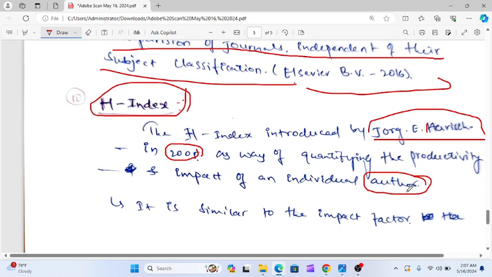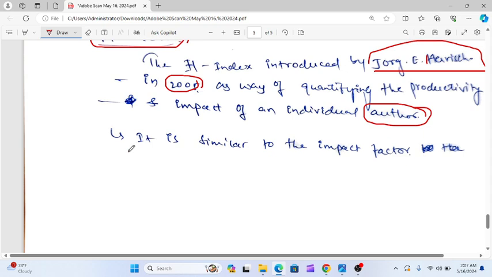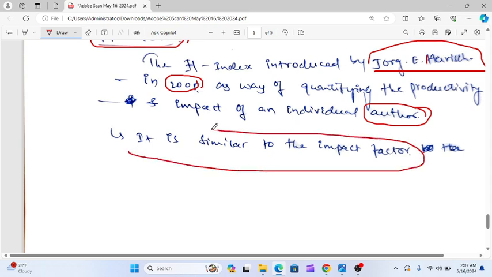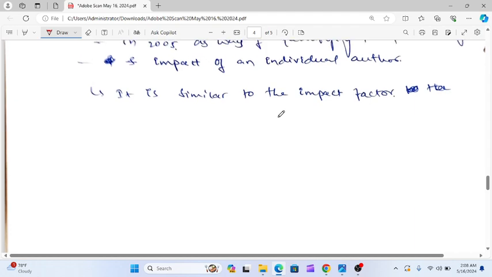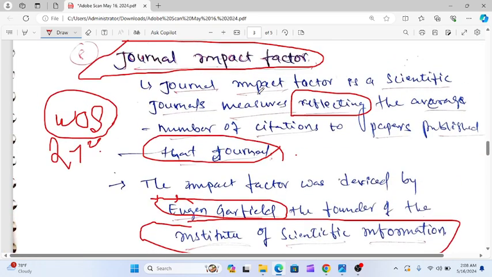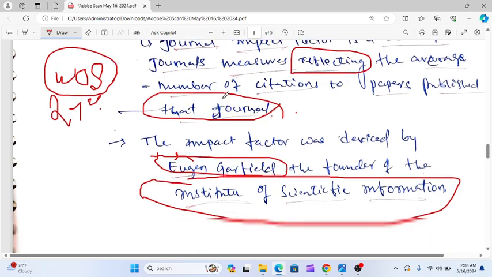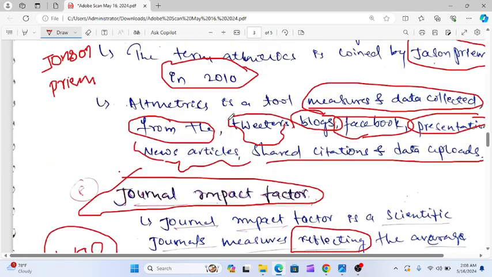It measures and evaluates the productivity of an individual researcher, how much their work is cited and useful for further research. It is similar to the impact factor. The impact factor measures a journal's impact, and the H index measures authors.